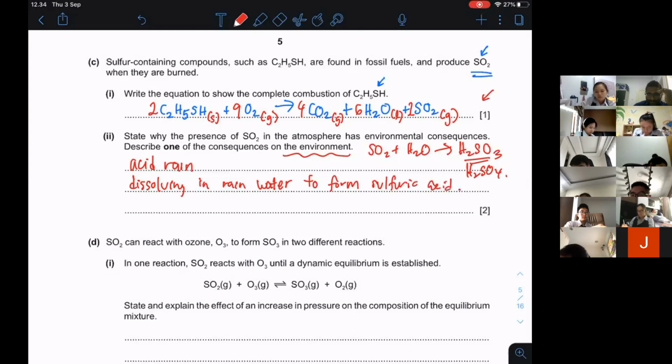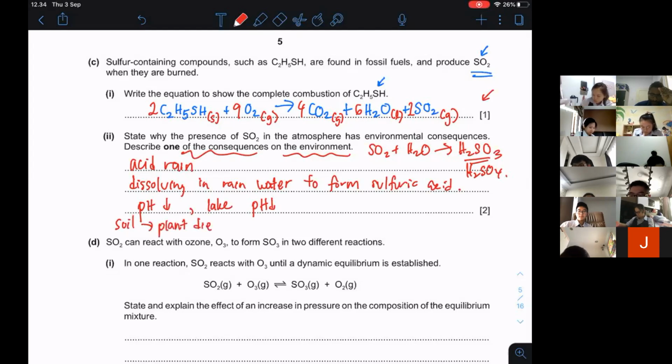And what happens? The consequences. Once you have sulfuric acid, when they go to the soil, they decrease the pH of the soil. When they go to the lake, they decrease the pH of the lake. So if it is soil, some plants will die.